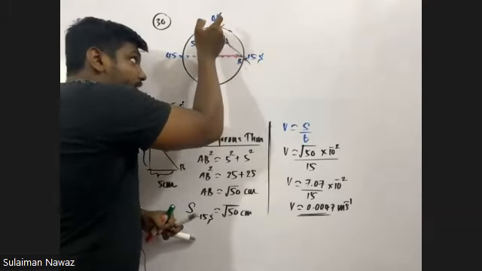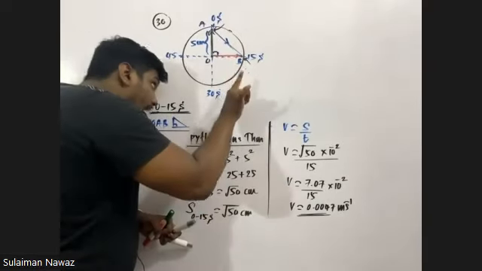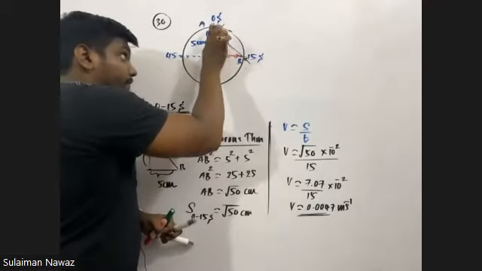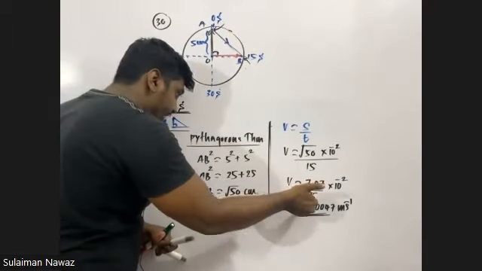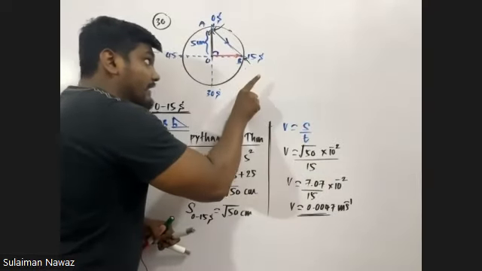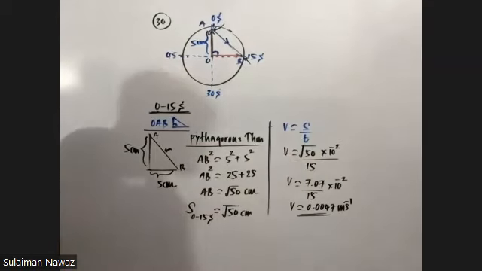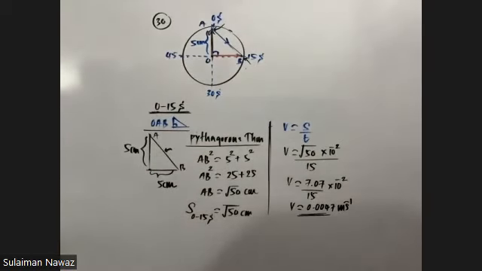We found the displacement of the tip as root 50 centimeters. Then they asked the velocity of the tip, and we found the velocity of the tip as 0.0047. But now they are asking the speed of the tip, right? They are asking average speed.